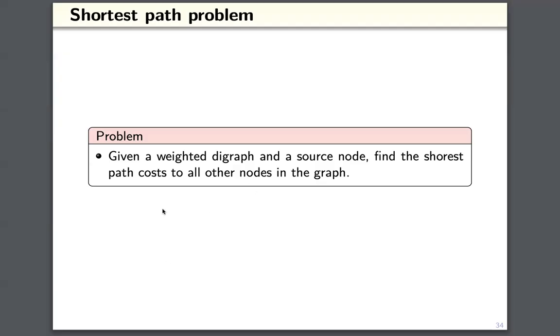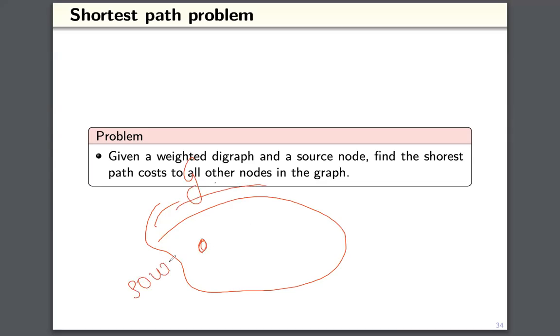So we have a graph G, and we have a source node. This is the source node, right? We want to find the shortest distance to each and every node in the graph from this source node.